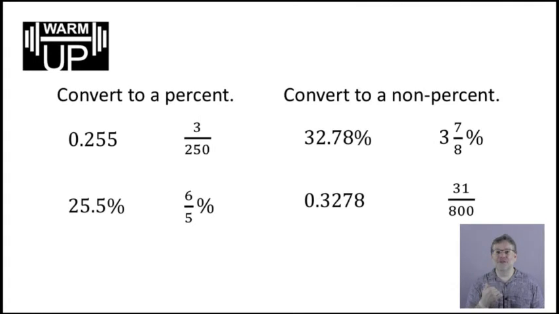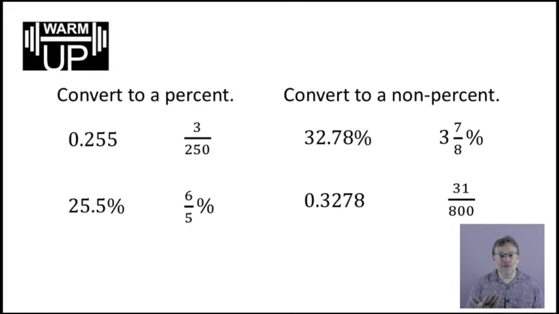We still have the 250 in the denominator, that didn't change. So now we have 300/250ths of a percent. So it's a little bit more than 1% here. We can reduce that fraction 300 over 250 by dividing top and bottom by 50, and we get 6/5 of a percent.